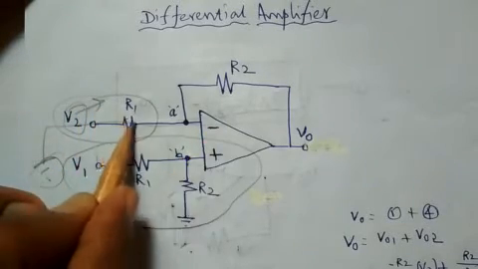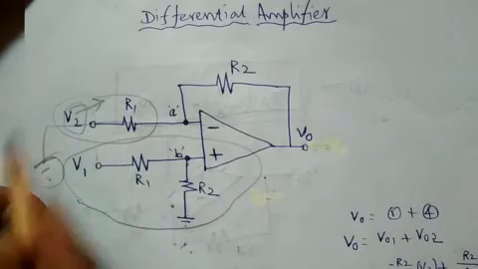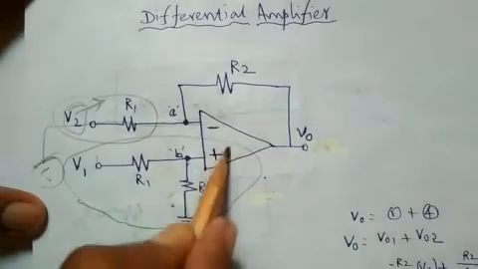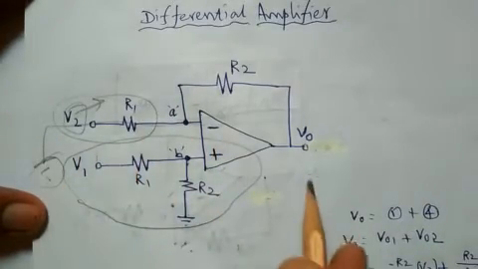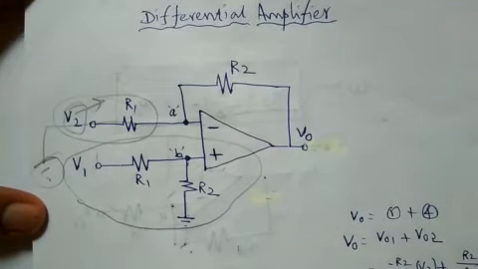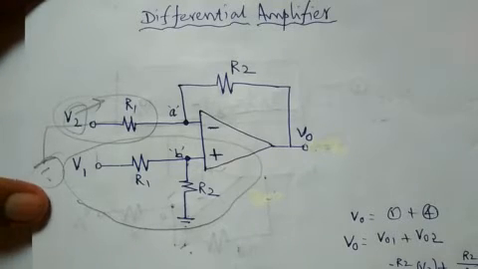Simply, the inverting terminal's R1 is grounded. So in the second case, we consider the entire differential amplifier as a pure non-inverting amplifier, find the output, and record that output as Vout2.